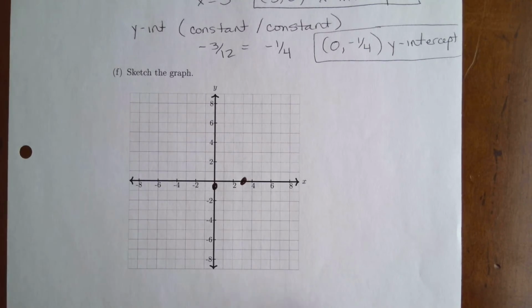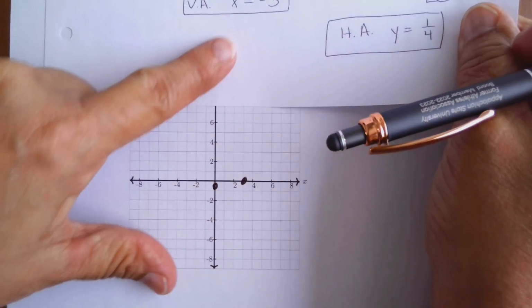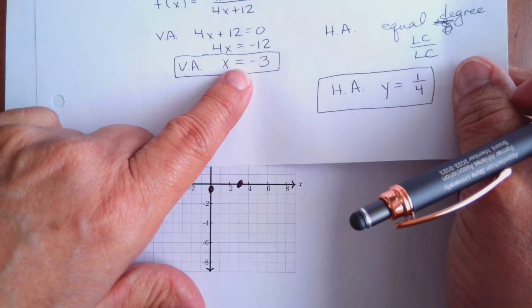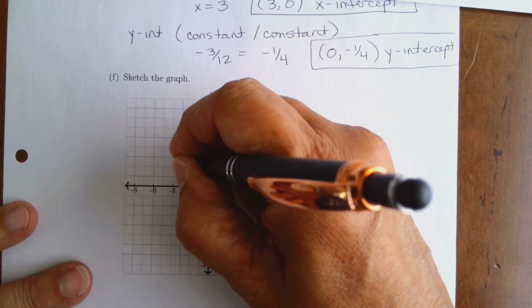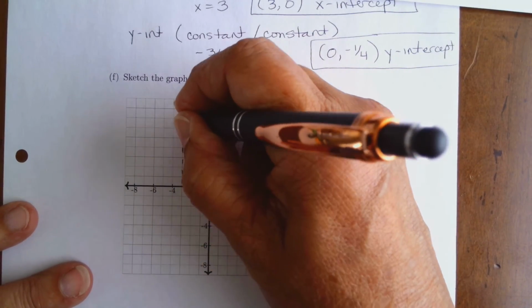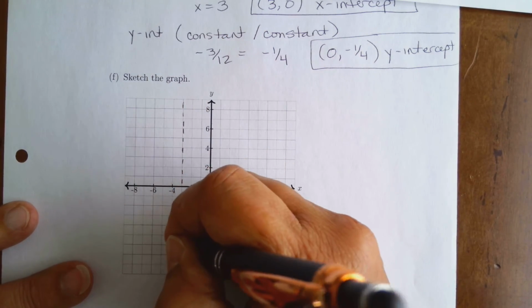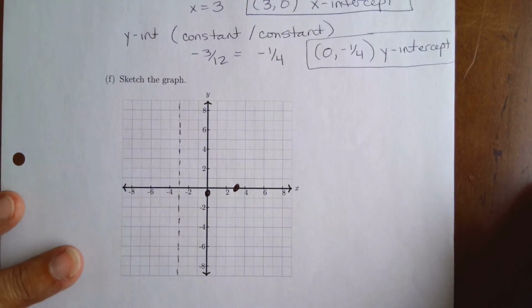Now, remember your asymptotes. Vertical asymptote was at negative 3. Horizontal is at 1/4. So vertical at negative 3 goes this way. It's a vertical asymptote. Always use dotted lines for asymptotes. So they're not really part of the graph, but you can just see them this way.